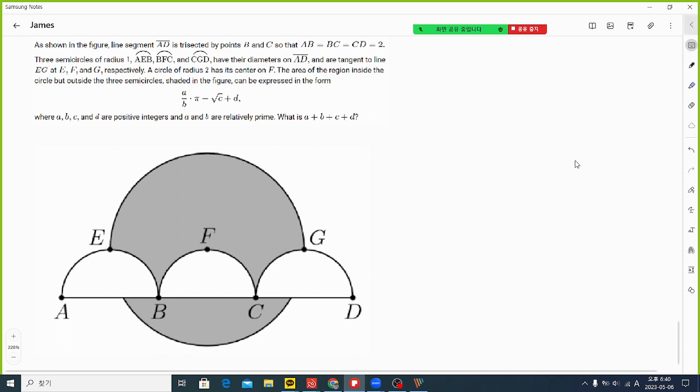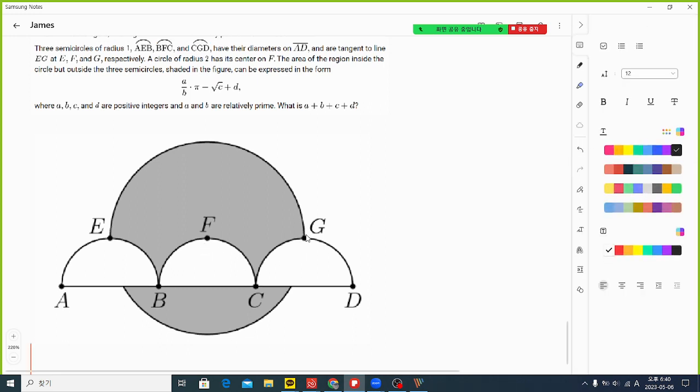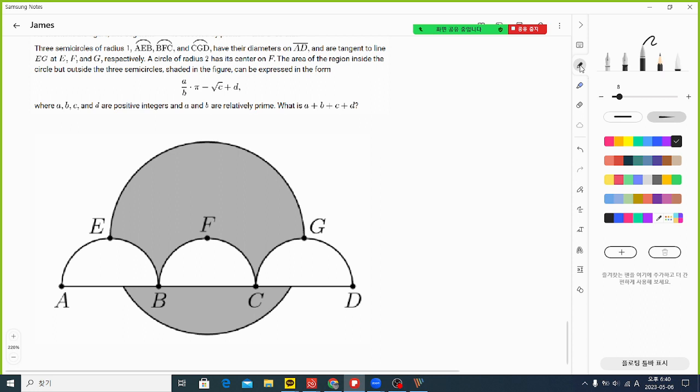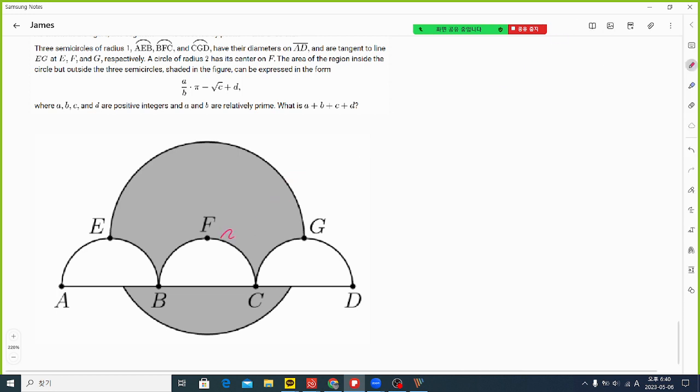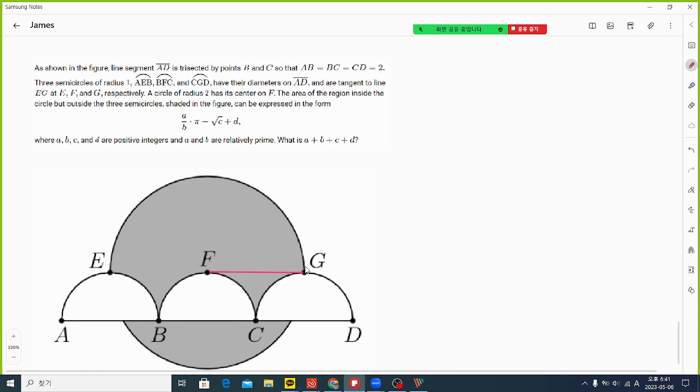So that means the radius of the big circle, the length of FG is 2.